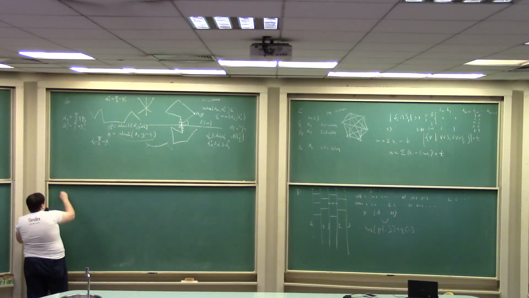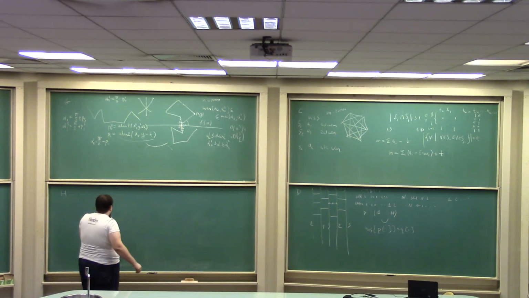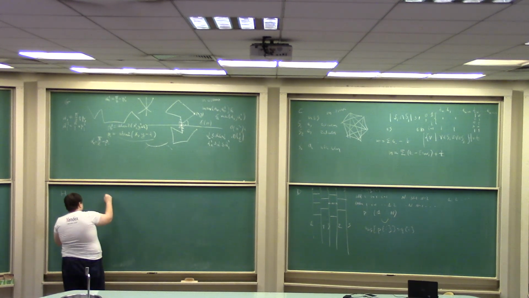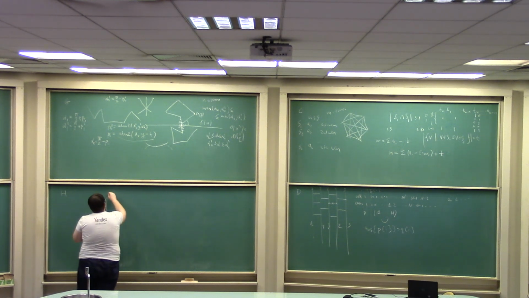Problem H. We have a graph which is a tree. Vertices are numbered.